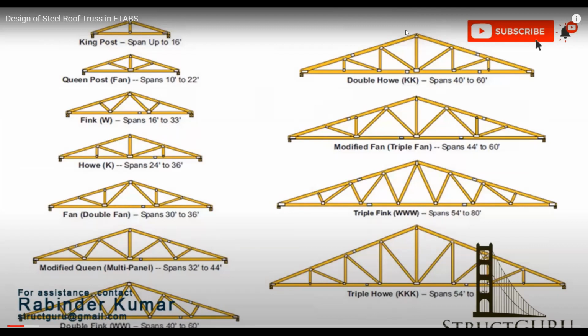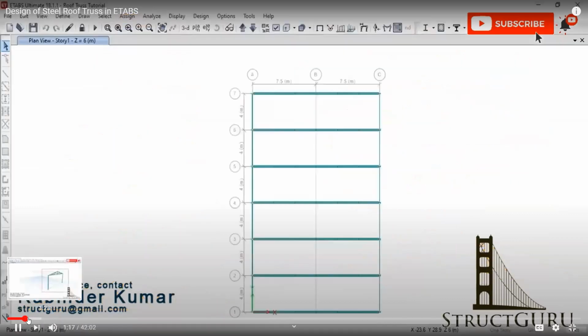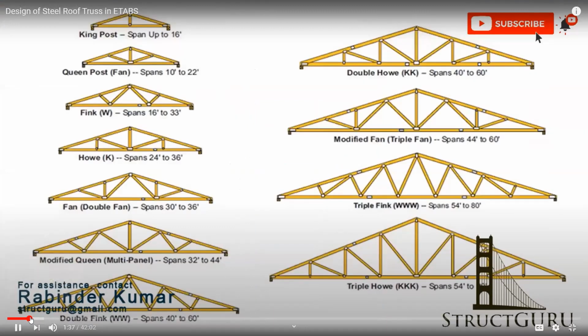Normally the truss size we have is approximately 10 meters, less than 10 meters.